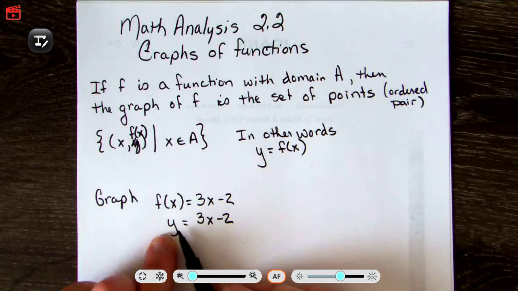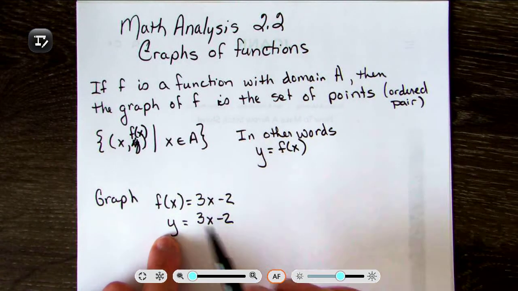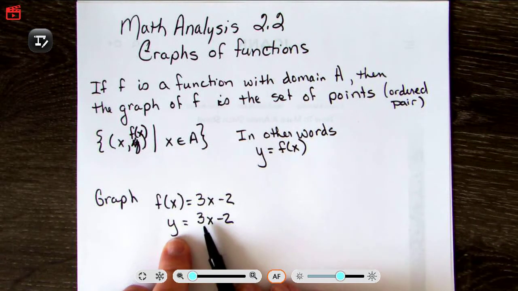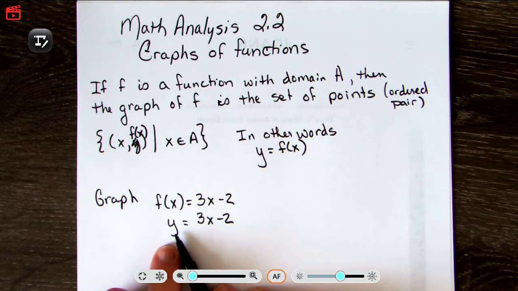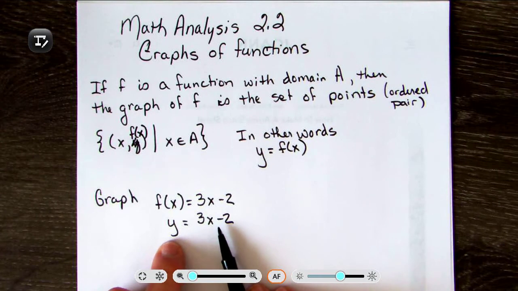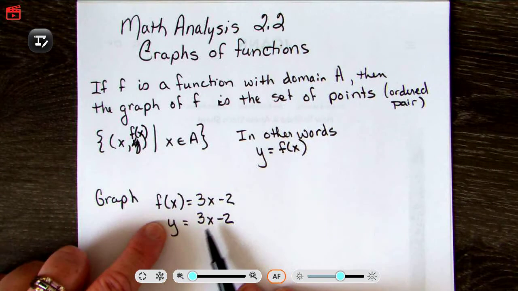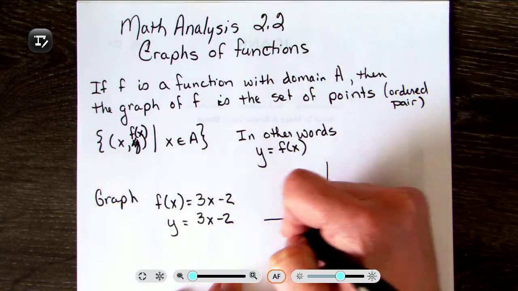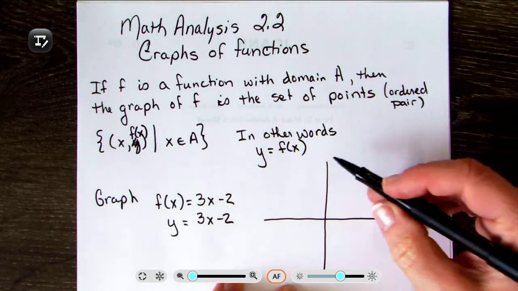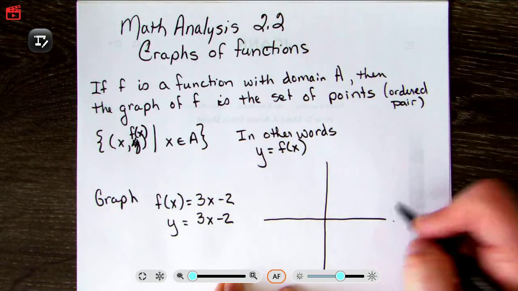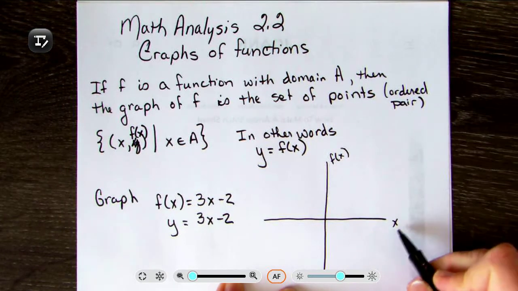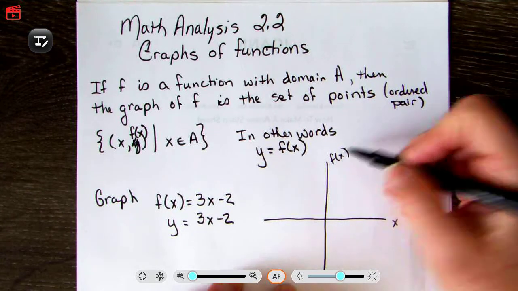And he is the one that used this y. And he liked to use y instead of the f of x notation. Students find his notation a little bit easier to work with because we're used to y equaling 3x plus 2 or 3x minus 2. And then remembering this is my x coordinate and this is my y coordinate. In Newton's day, we would have called it x for the input, f of x is the output.